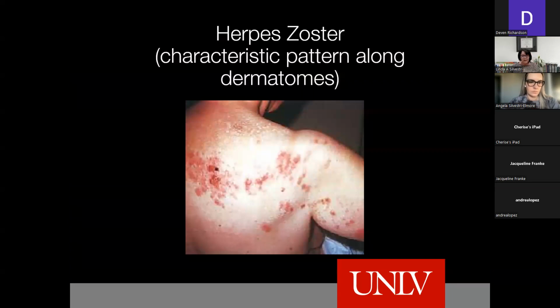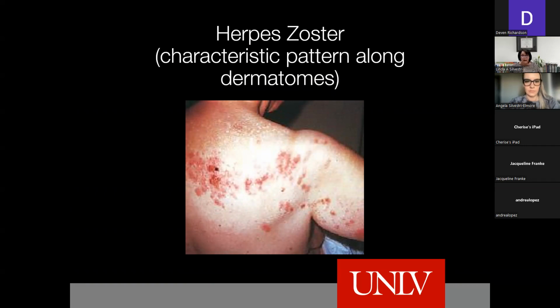I think we have a picture of that on the next slide. Here we go. You can see the eruptions that are occurring, and they usually occur in a segmental distribution on the skin along a nerve. That is why the nerve is infected, and why this is so painful for people.